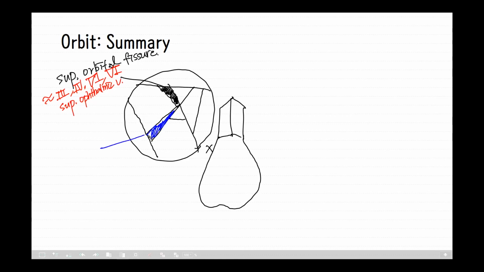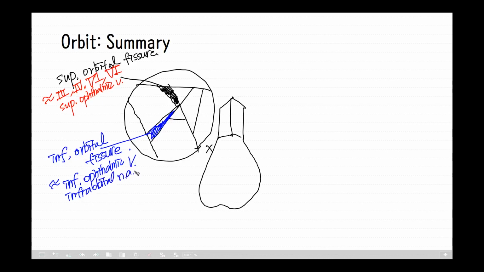And what is this? This is an inferior orbital fissure. It accommodates inferior ophthalmic vein, infraorbital nerve, artery and vein, and zygomatic nerve.